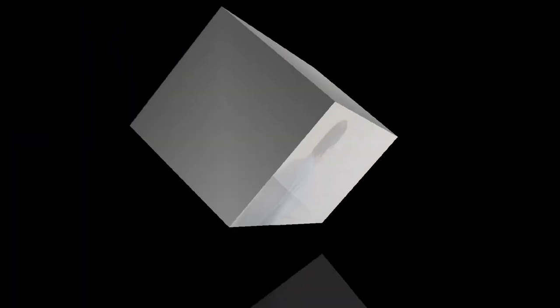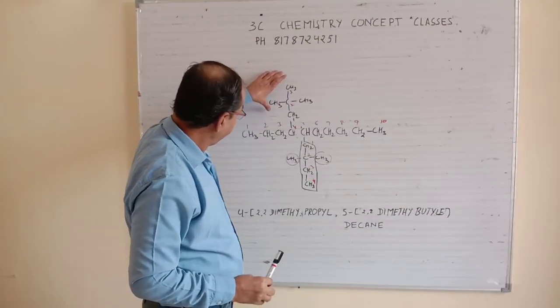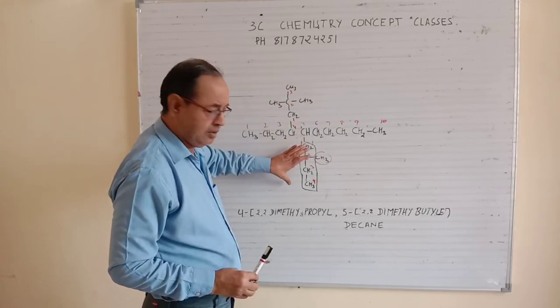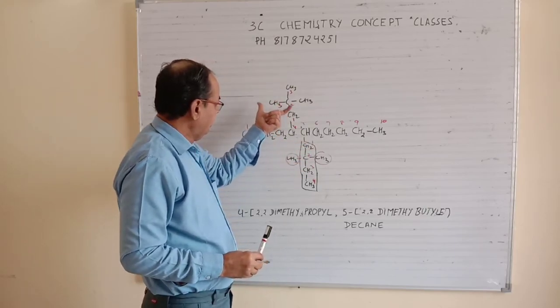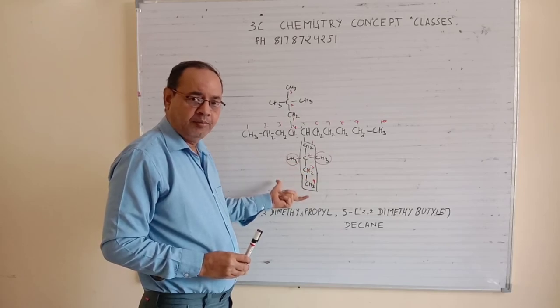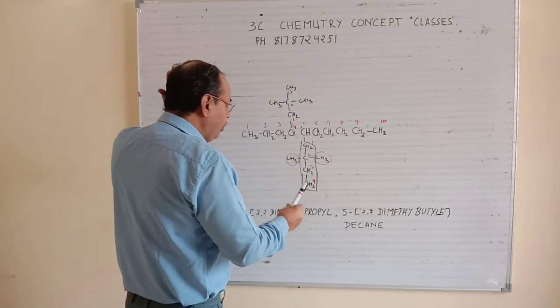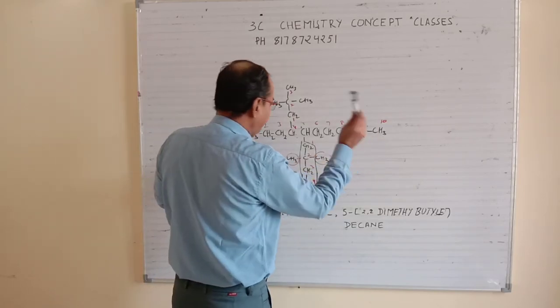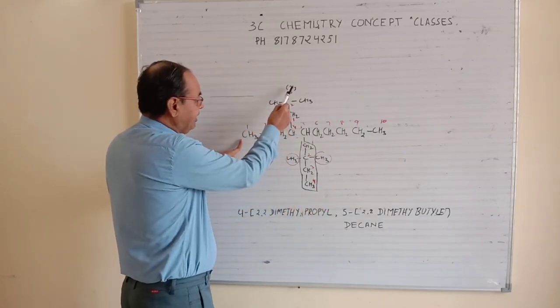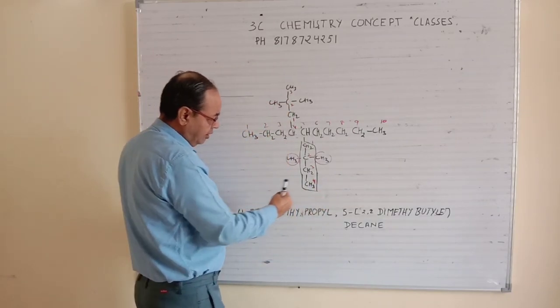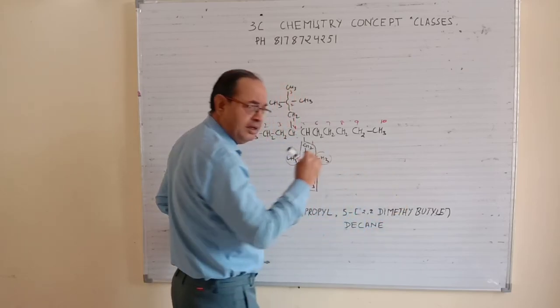Now suppose in the branch we have two groups, and they have different branching and different numbers of carbon. So what we'll do, the longest chain is the same factor, and we will write the positions, and now we will make two different positions with two different branches.